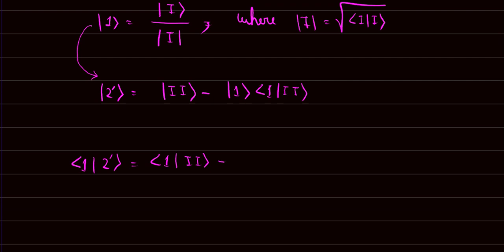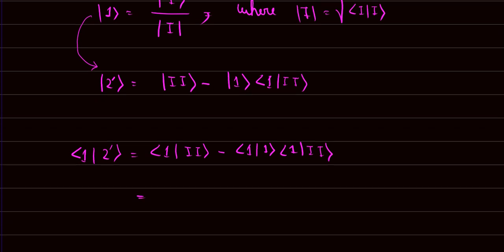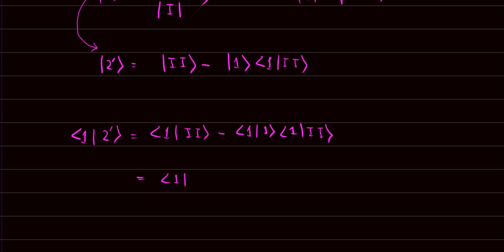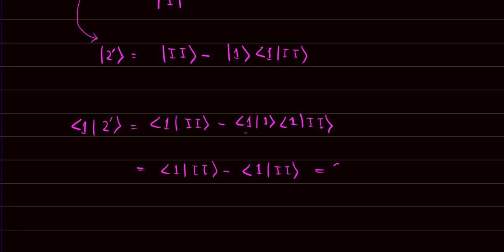Let's check that. So 1, we can write this like this. So this will give us this. This is one inner product by itself, so it is 1. So we'll find this. It will give us 0.